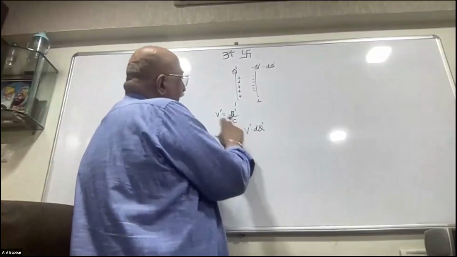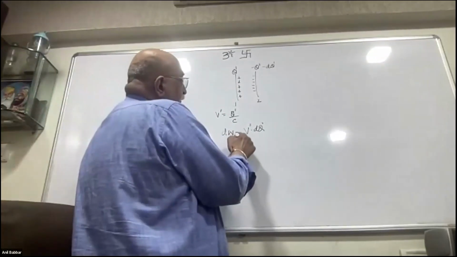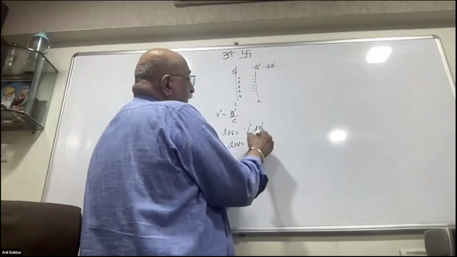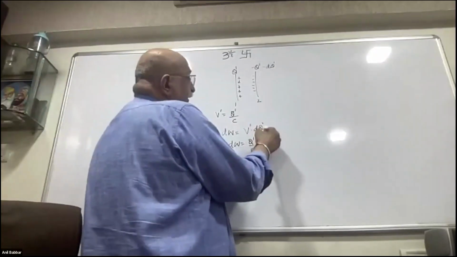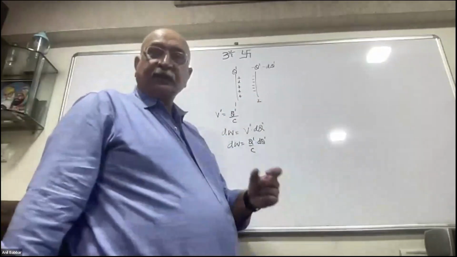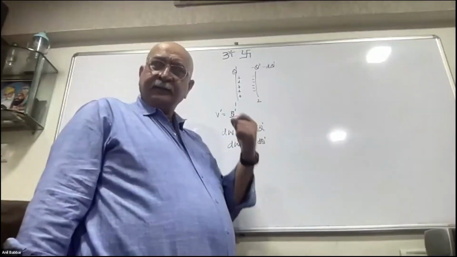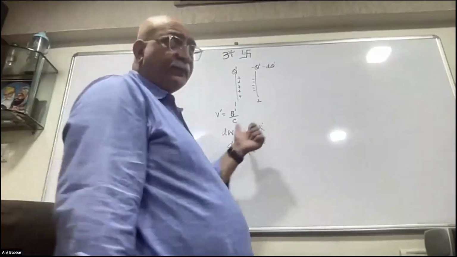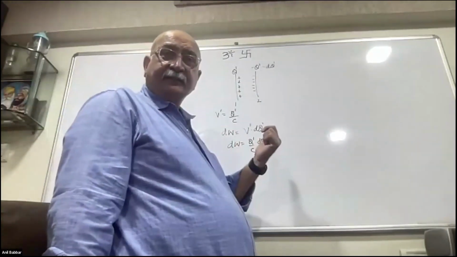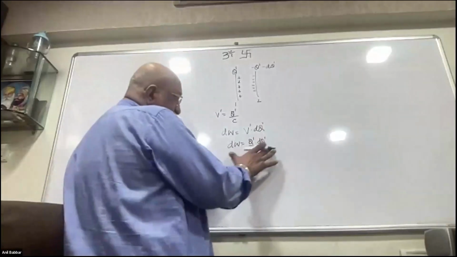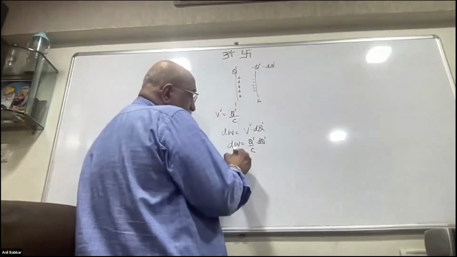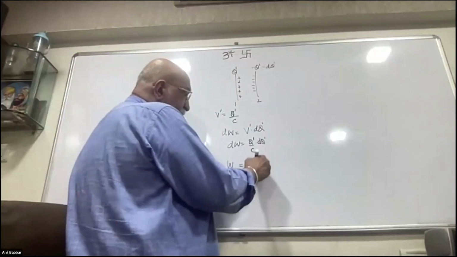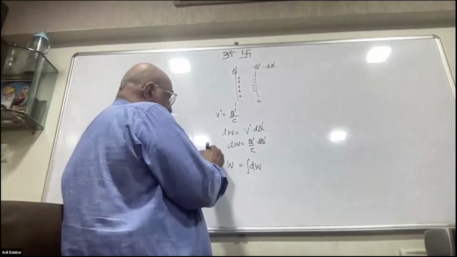And what is the value of V'? dW is equal to Q'/C into dq'. Total work done can be found by transferring a charge Q from plate 2 to plate 1. This is equal to integrating dW, that's the total work done.